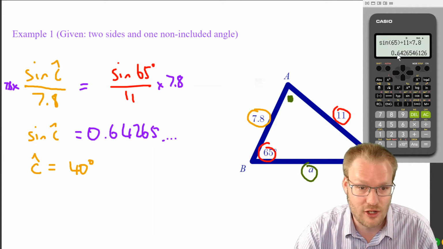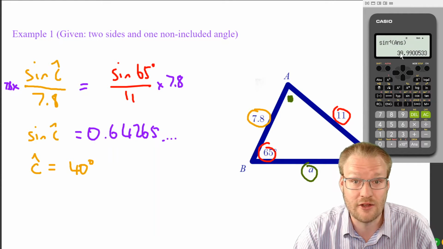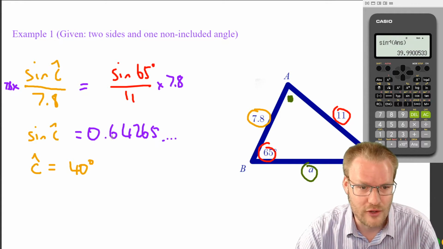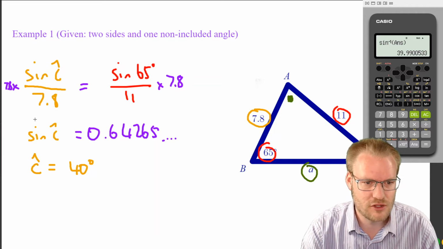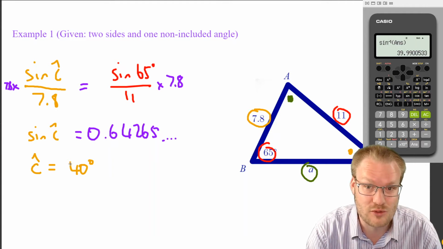And we get that 0.64 whatever. And then we want to do shift sine of that answer. And we'll get our 39.99, which is 40 degrees. So you see what I mean about leaving it in there as opposed to retyping this whole thing in. So you don't have to even show that shift sine, because we know that's what you're doing between those steps.